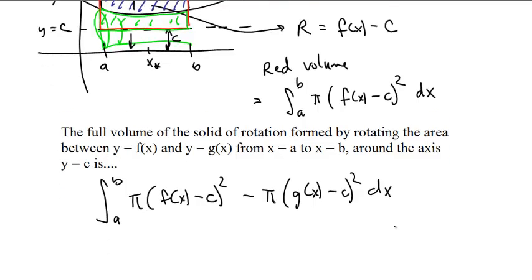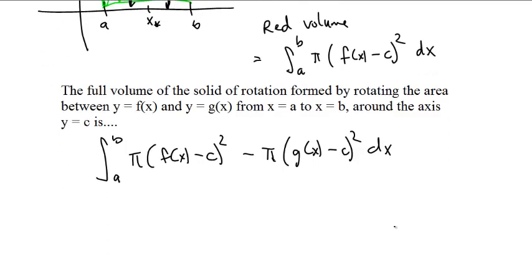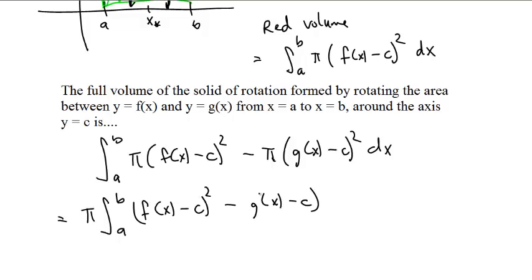And we can pull the pi out, but we can't really do too much else. This is pi times the integral from a to b of f of x minus c squared minus g of x minus c squared dx. Now, if you're not sure which one's on top, put in absolute values, and you're set.